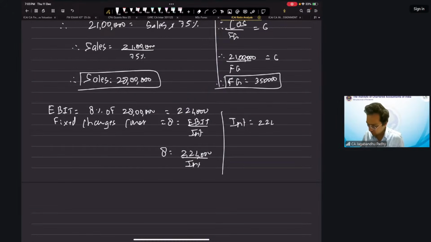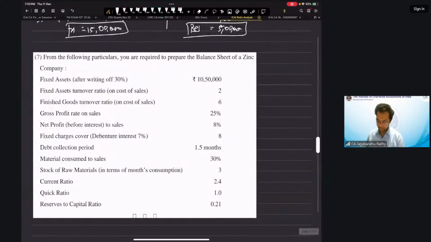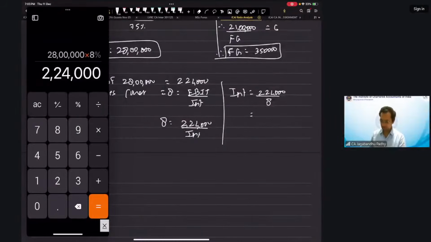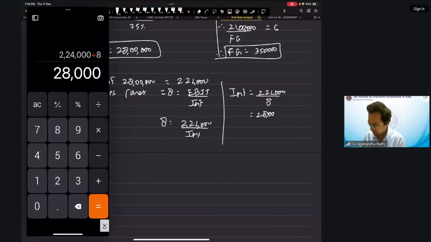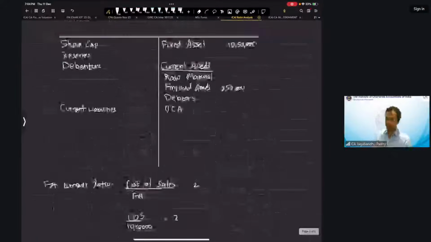Interest will be 2,24,000 divided by 8. So how much is this? 28,000 is the interest. The amount of interest is 28,000.